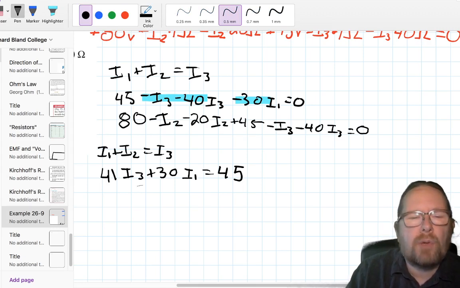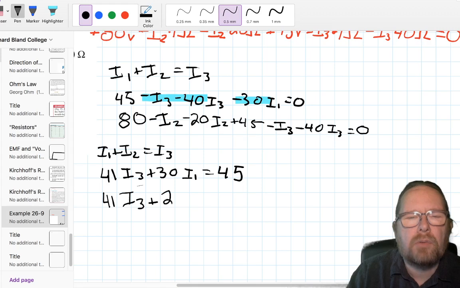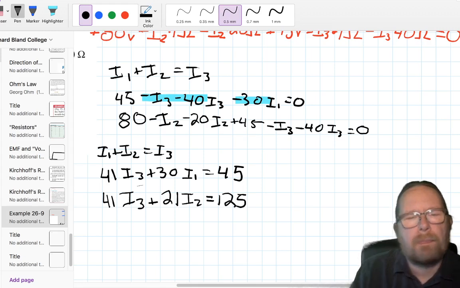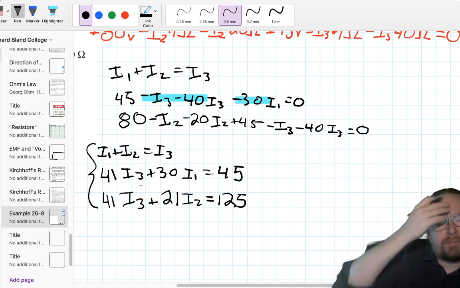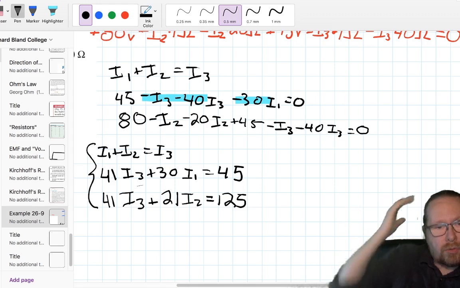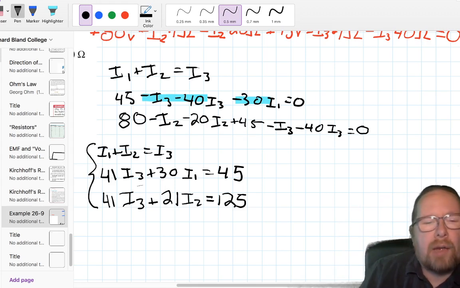So we've still got 41 I3 plus 21 I2 equals 80 and 45 is 125. Okay. So hopefully this is beginning to look a little more pleasant. Here's a system of 3 equations in 3 unknowns, I1, I2, and I3, and I just need to decide what's the best way to solve them.